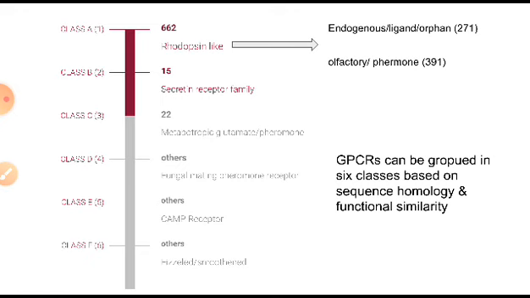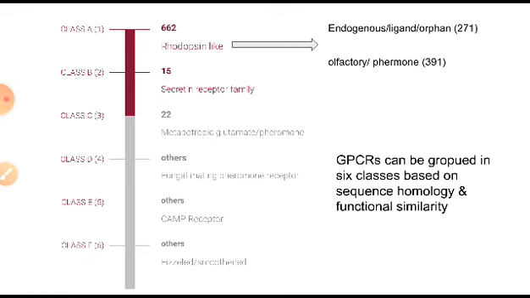And class 1, which is called the rhodopsin like class, has two specifications: endogenous ligand or orphan type, with 271 genes, and olfactory and pheromone, with 391 genes. Class B is the secretin receptor family, class C metabotropic or glutamate pheromone, class D fungal mating pheromone receptors, and like that different classes have different types of receptors, right?